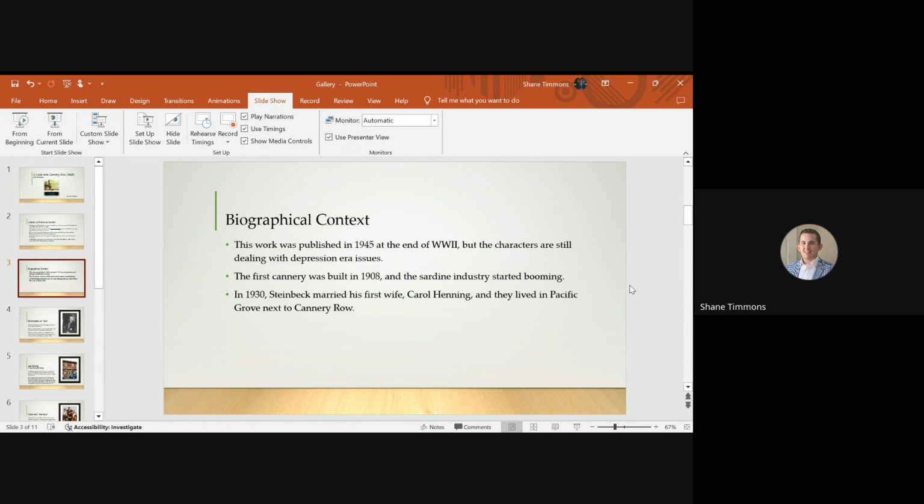Going off on the cannery information, the first cannery was built in 1908. Of course, when World War One started, they had to boost their product to keep up with the demand, and the sardine industry started booming.